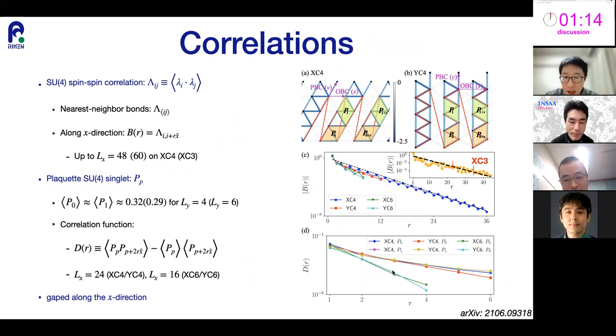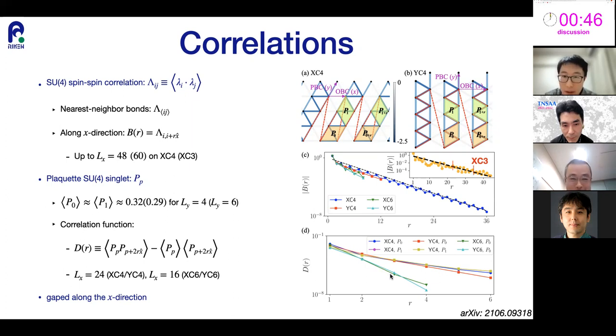And maybe you can consider that it's gapped along this direction even for two dimensions. Anyway, the behavior of this correlation function looks very smooth.